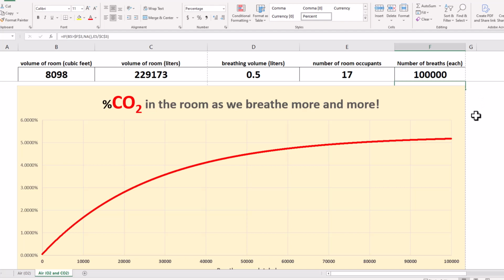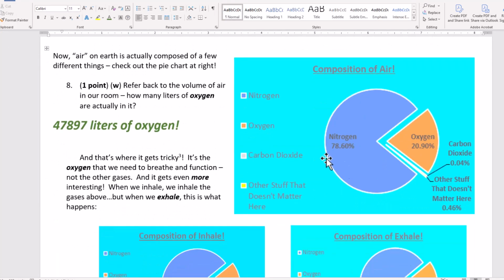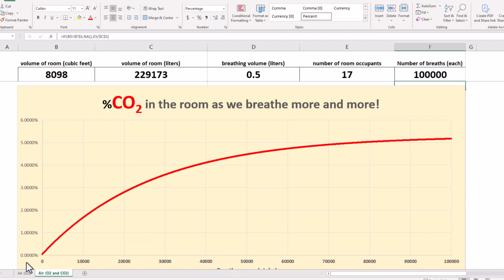All right, so that's the problem, my dear friends. We start, and that is not zero in the beginning. It's close to zero, because in normal air in the world it's 0.04%. That's very close to zero, but it's not zero. So that's what this is starting at.